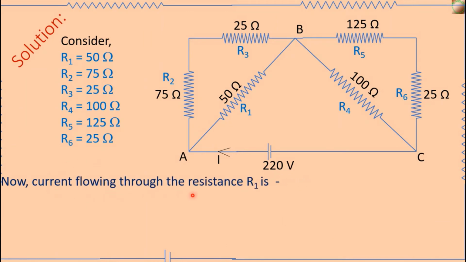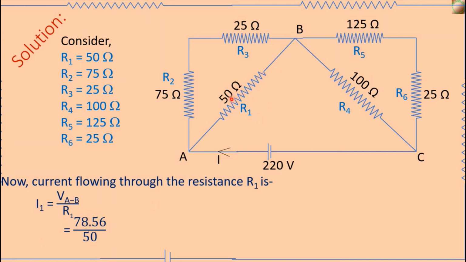Now the current flowing through the resistance R1. Consider this current to be I1, and I1 is equal to, we know I is equal to V divided by R. V means the potential difference across the resistance R1, that is the potential difference between the two ends of R1, which is VAB, and we know VAB is equal to 78.56 and R1 is equal to 50.